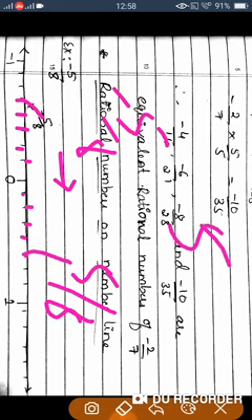If it is 5 by 8, from here to here we do 1 2 3 4 5. So it is 5 by 8. Keep it in mind. So if minus is there, go from 0 to the left, and if plus is there, count like this. Okay, I hope you understand rational numbers on the number line.